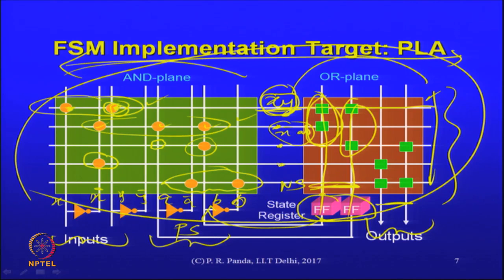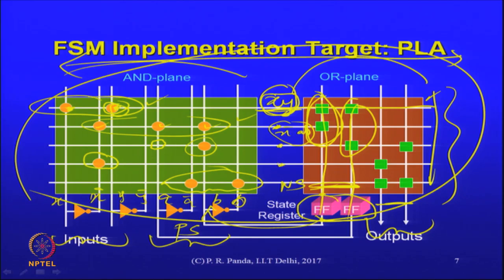In the multi-level structure, the area is dependent on the size of that expression. Here, the area is dependent on the number of product terms that are appearing. So, it is not as though there is no dependence at all on the complexity of the expression, but it depends in a different way, not merely on the literal count.